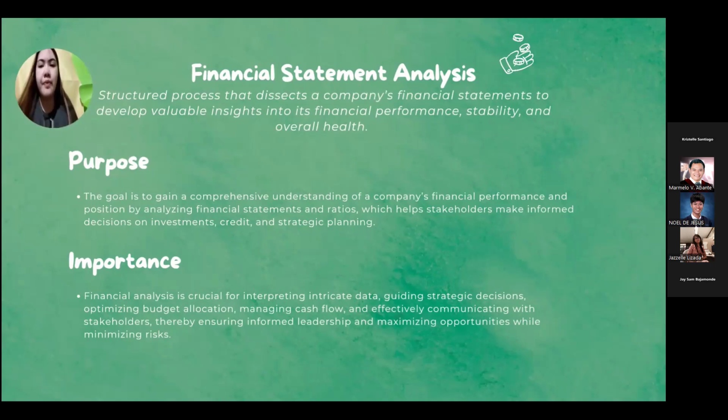So it is basically to provide insight into financial condition, as I said a while ago, and it helps stakeholders. When we say stakeholders, they are the management, investors, and creditors, for them to make informed decisions regarding their investment, resource allocations, and financial strategy in the company.